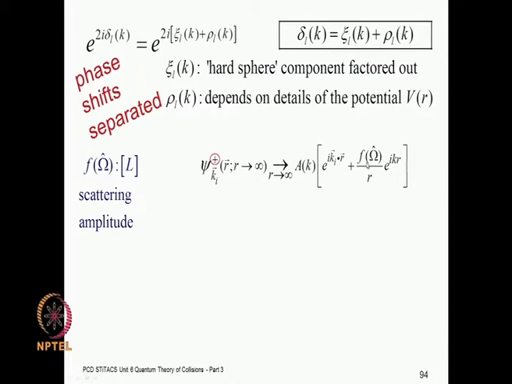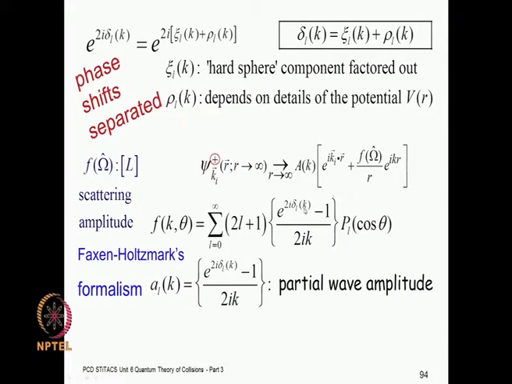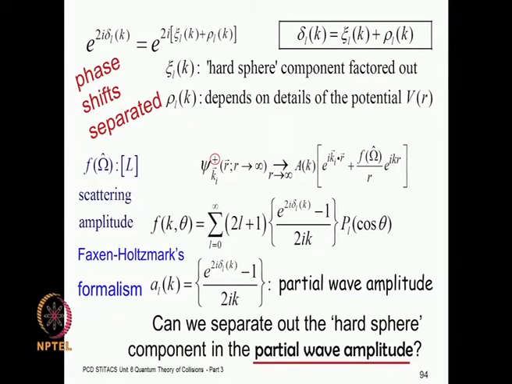You have got the scattering amplitude, and the scattering amplitude is written in terms of what we call a partial wave amplitude, right. So, what comes in this beautiful bracket is what we refer to as a partial wave amplitude. A is the partial wave amplitude, F is the scattering amplitude. So, what we are going to ask is, can we separate out the hard sphere component from the partial wave amplitude?